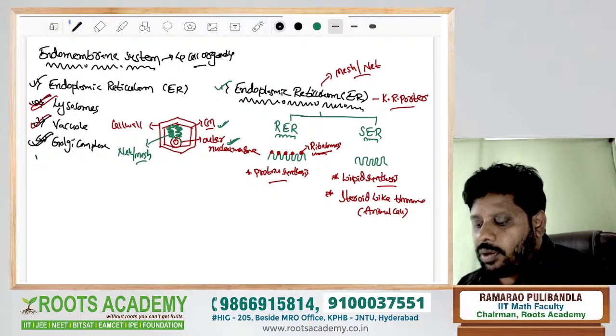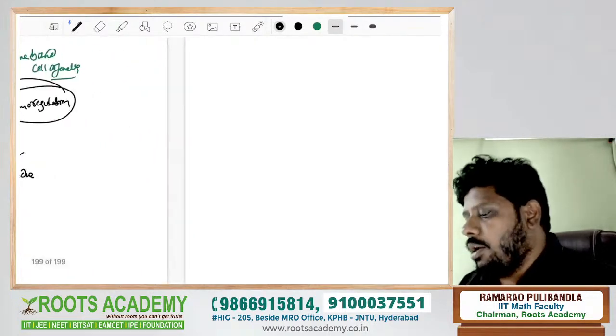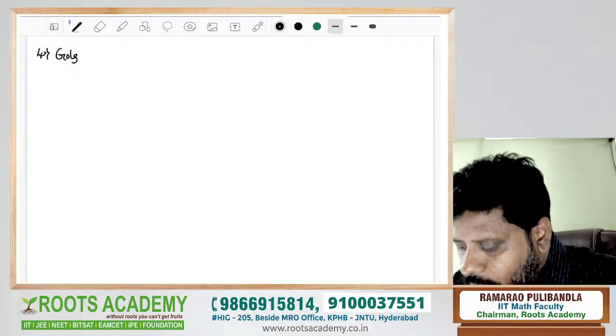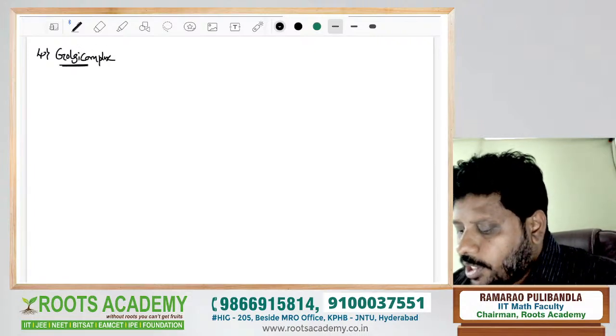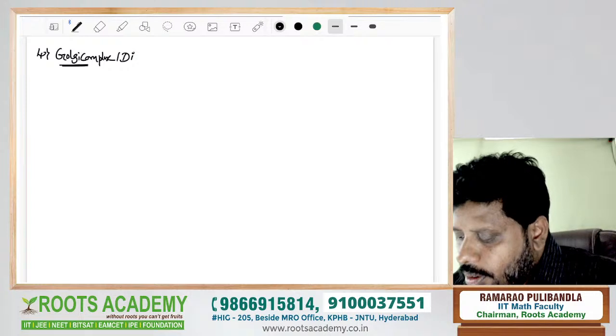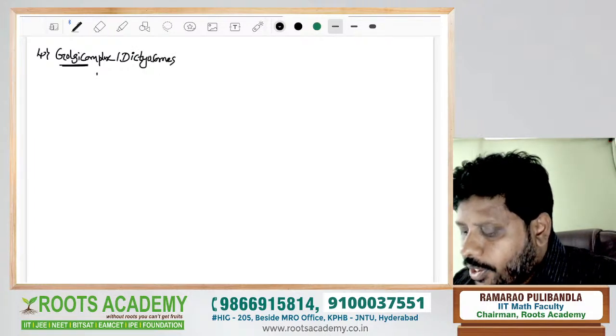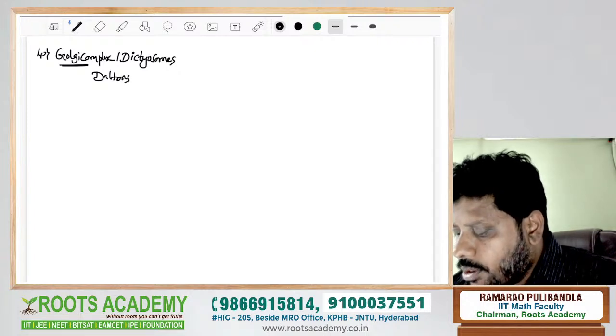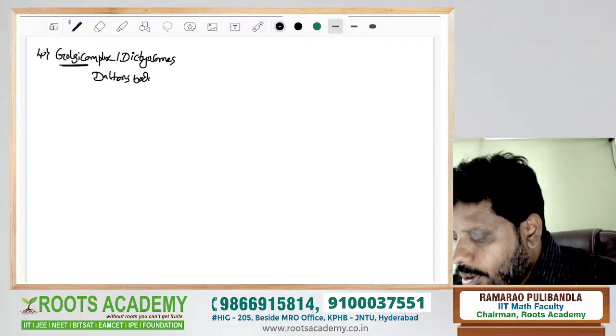This is the vacuole, and the fourth one is the Golgi complex, which is also called dictyosome and also called Dalton bodies.